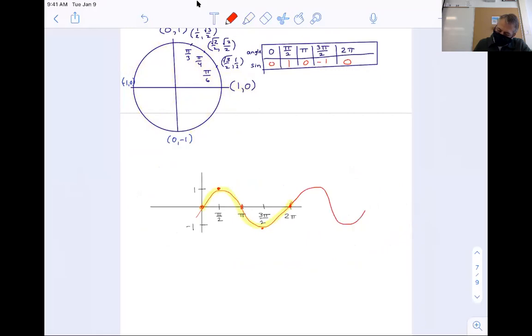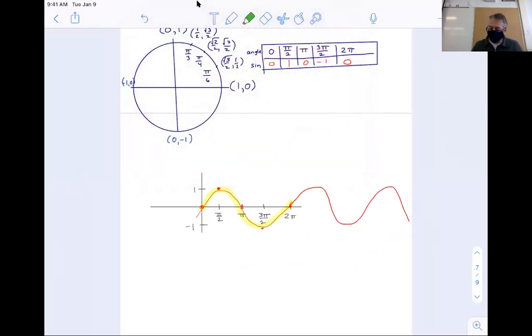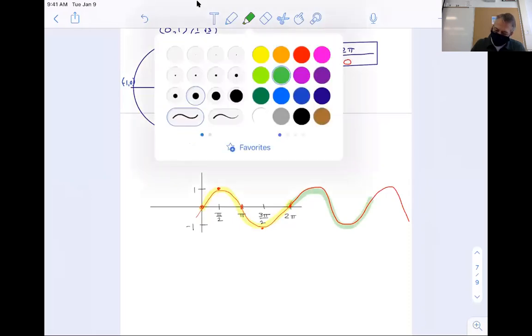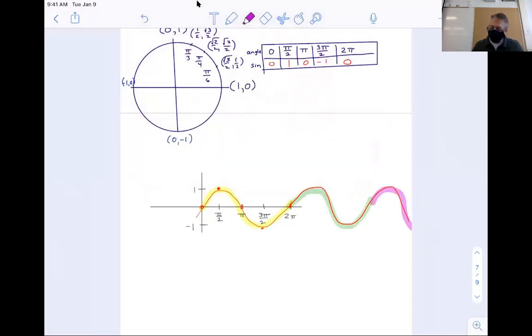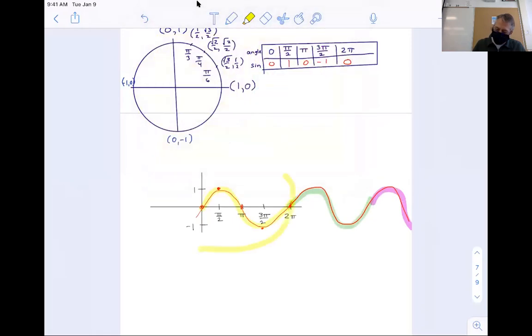The sine graph actually goes on forever. So like the yellow part would be one period, then it would have another period, then it would have another period, and so on. So each of these waves represents one period of the sine graph.